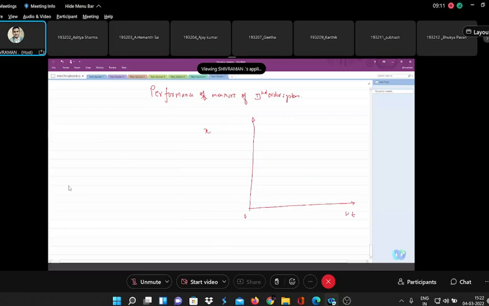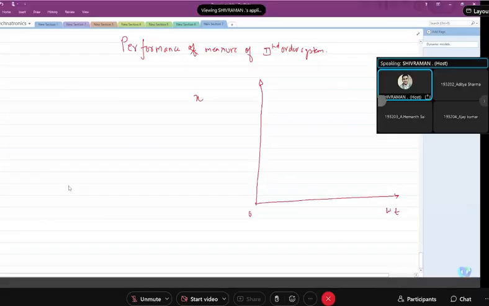So once the input is given to a system, we are considering here a step input for your understanding.